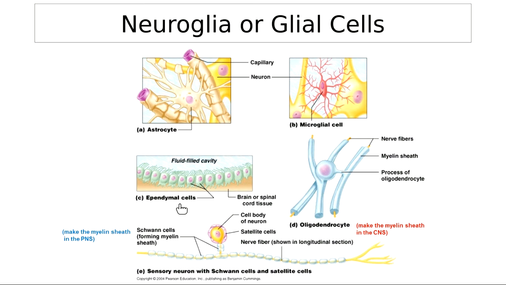Now, the neuroglia of the peripheral nervous system is in your notes. A collection of neurons outside the central nervous system is called a ganglion. Ganglia are going to be collections of cell bodies of neurons which are outside of the central nervous system, and we will see some of those on future slides also.